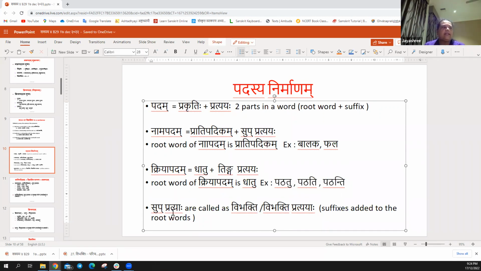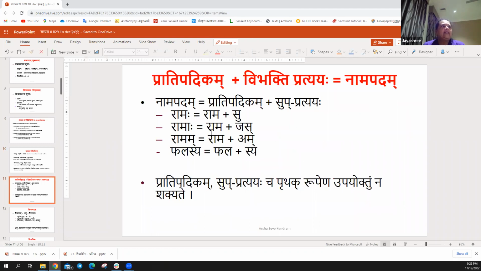So Supratyayaha are called Vibhakti or Vibhakti Pratyayaha. Okay, suffixes added to the root words. So it's called Vibhakti Pratyayaha, because it's added to the root. Now, Pratipadikam plus Vibhakti Pratyayaha is Namapadam.